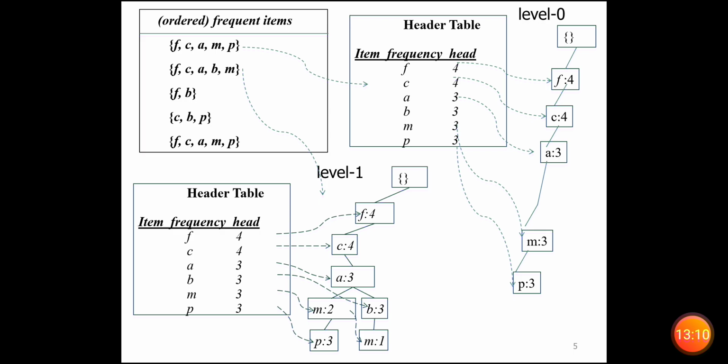It is linked with B, so from B we create one more node, that is M. To tally the count, we have taken the count from the previous M node. So totally, if you count the support count for M, it is 3. Now we will go to the next level.